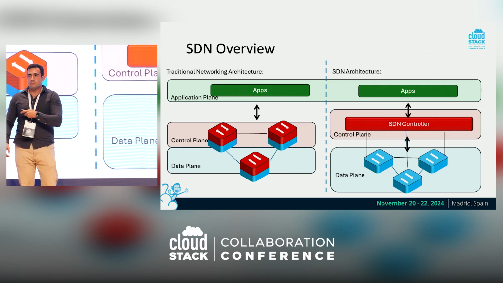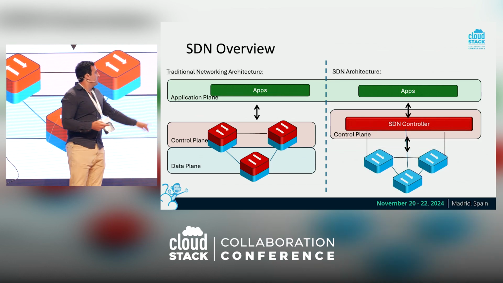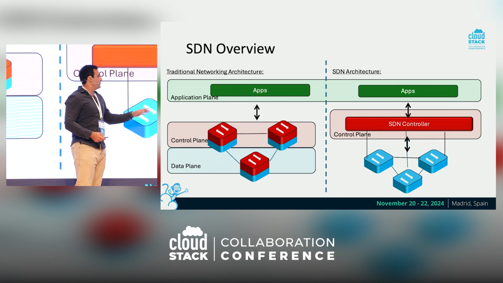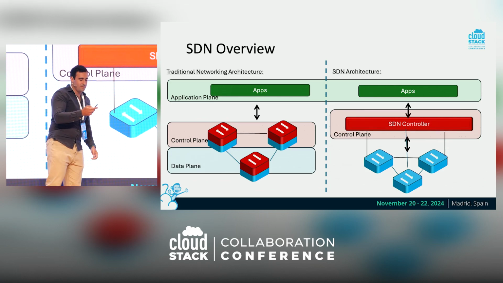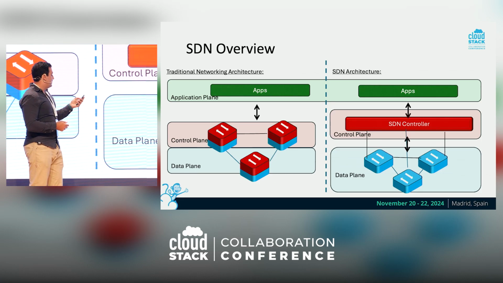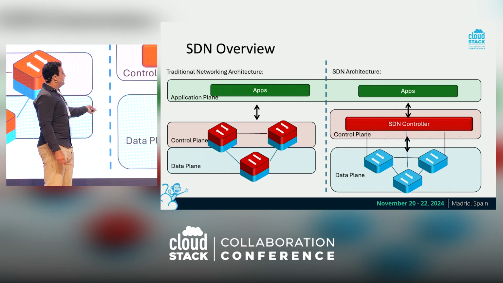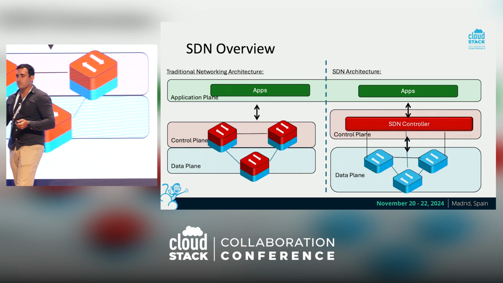So that's the main goal, and you have a centralized controller which interacts with each network device through the data plane, and by that you have the decoupled architecture, and you're able to add programmability to your SDN solution.